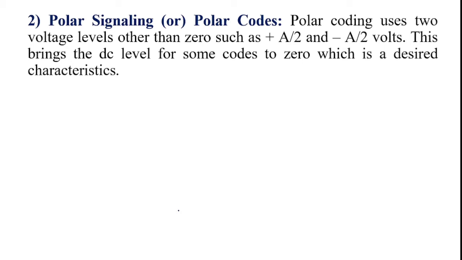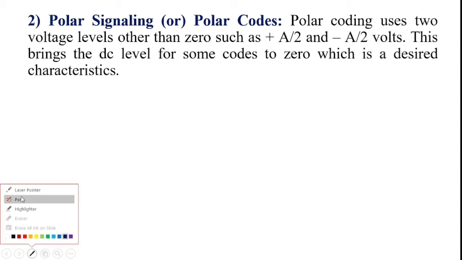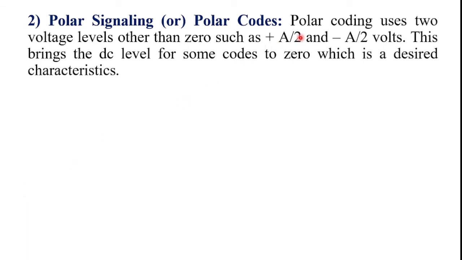Unipolar coding uses only one voltage level other than 0, whereas polar signaling uses two voltage levels other than 0. The two voltage levels are a positive voltage level and a negative voltage level.